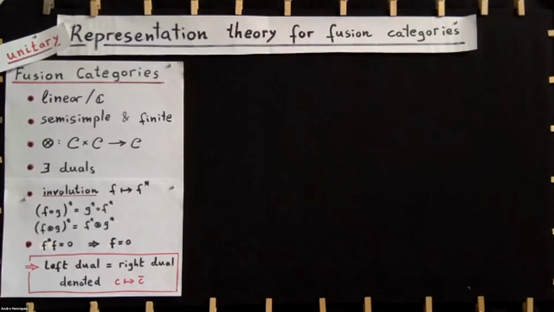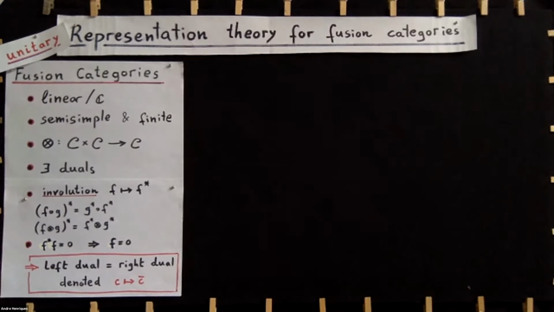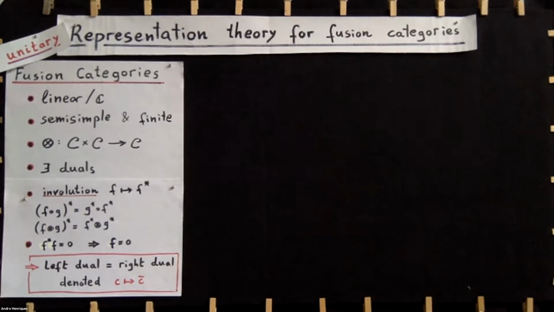So left dual and right dual become the same thing, and the dual is denoted C bar, because in the most trivial case, where we're talking about the category of finite dimensional Hilbert spaces, this agrees with the operation that sends a Hilbert space to its complex conjugate. And I'm going to think of that as a covariant antilinear operation going from an object C to its dual C bar.